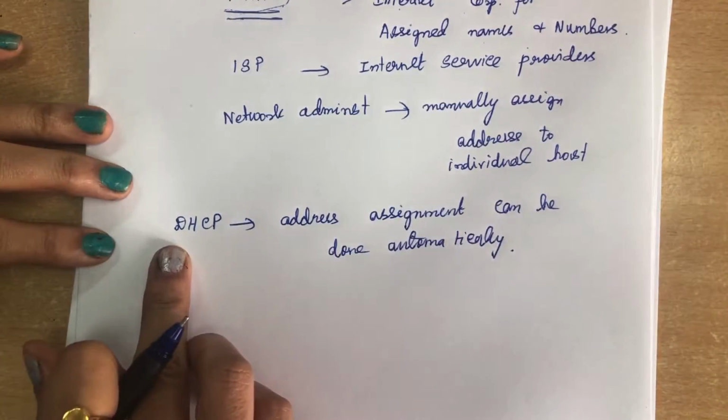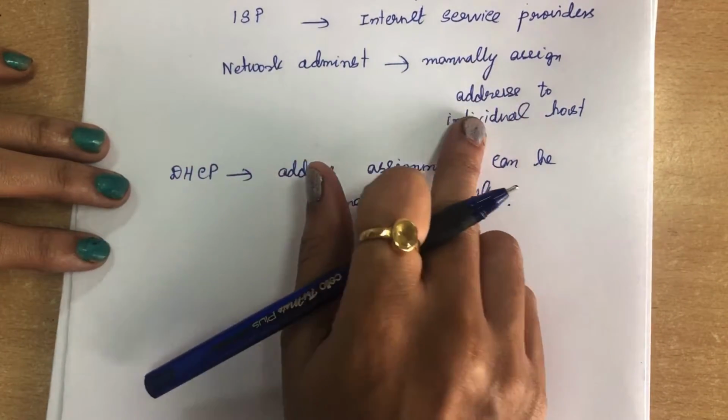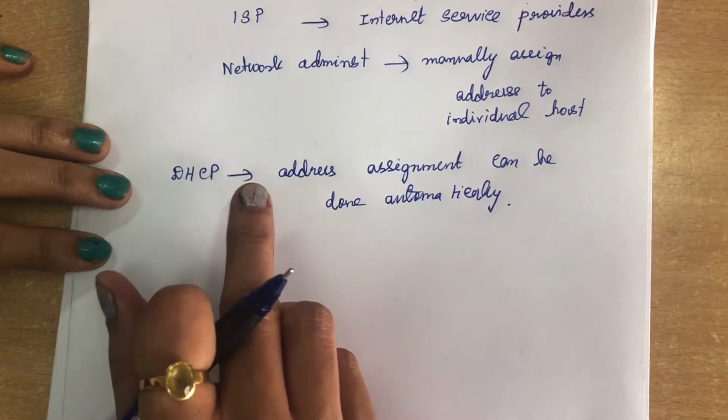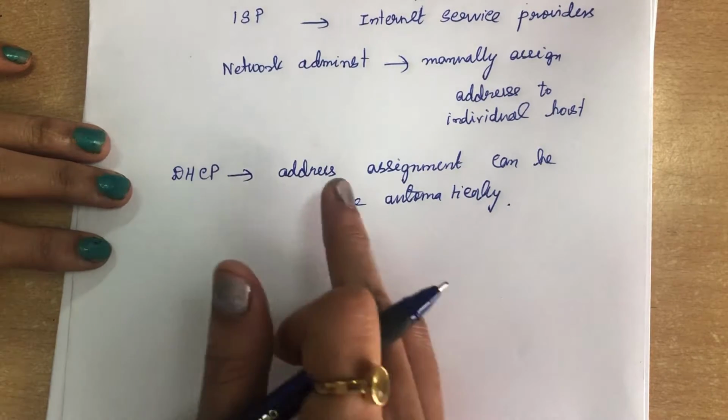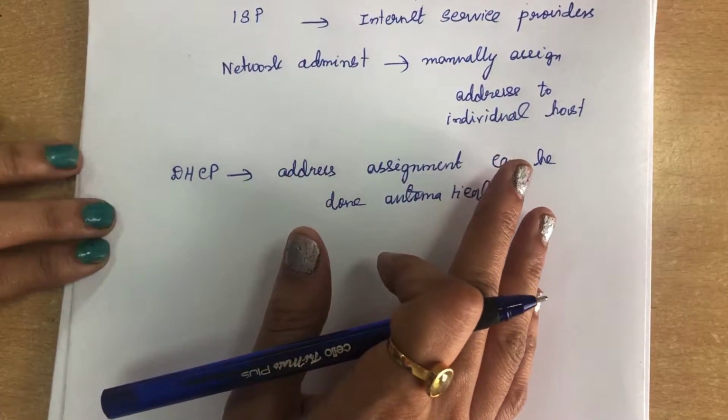This is the purpose of DHCP. Here the network administrator has to manually assign all the IP addresses, but if an organization has the DHCP protocol, they can assign these IP addresses without the help of network administrators.